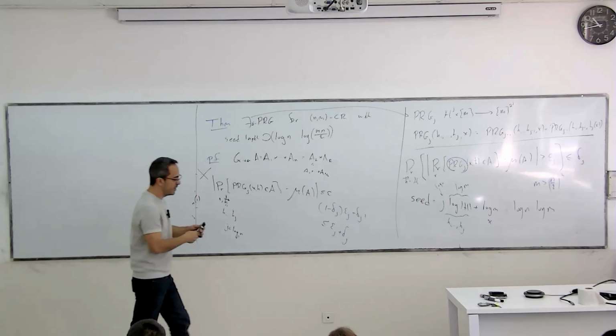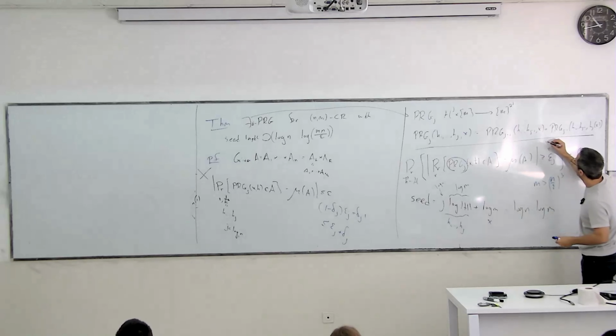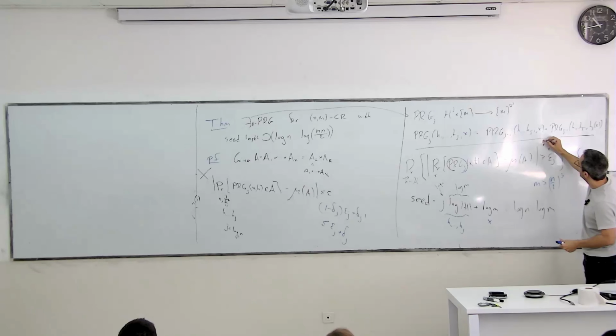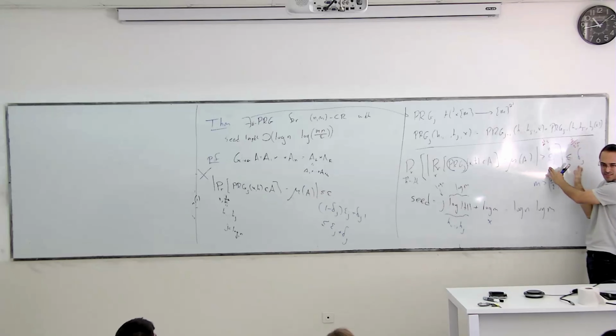Okay, and just not to keep the suspense, this is going to be something like 2 to the j epsilon, and this is going to be like 2 to the j over epsilon squared m. Epsilon without the 2 to the j is exactly the expander mixing lemma.